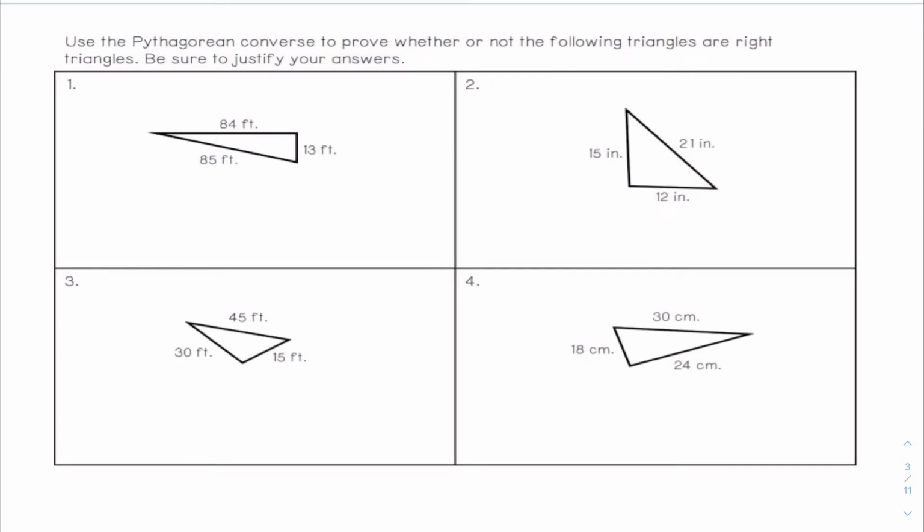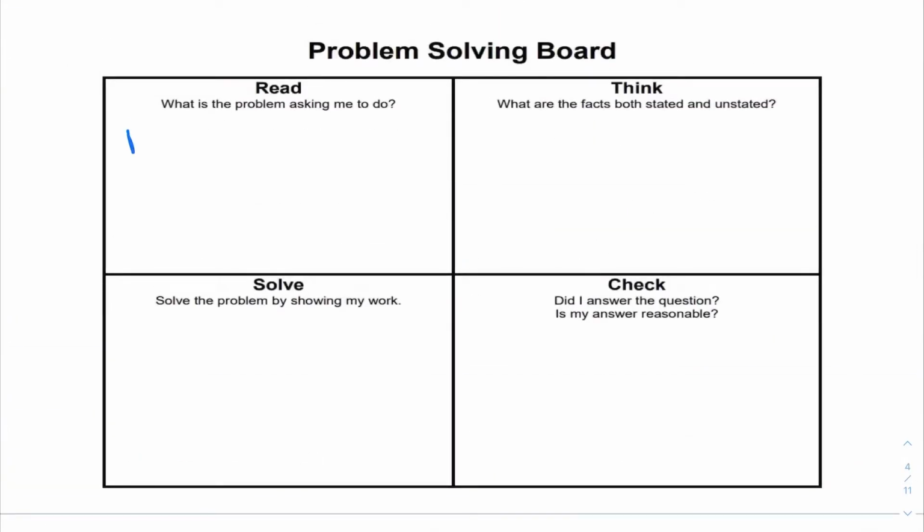We're going to use a problem-solving board to answer some of these questions. We want to prove if it's a right triangle. They want us to prove if the triangle is a right triangle.